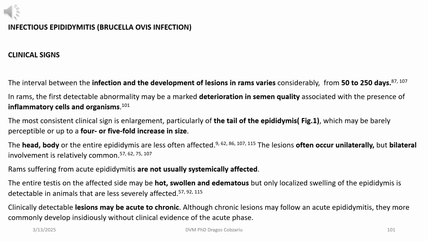Rams suffering from acute epididymitis are not usually systemically affected. The entire testis on the affected side may be hot, swollen and edematous, but only localized swelling of the epididymis is detectable in animals that are less severely affected. Clinically detectable lesions may be acute to chronic. Although chronic lesions may follow an acute epididymitis, they more commonly develop insidiously without clinical evidence of the acute phase.